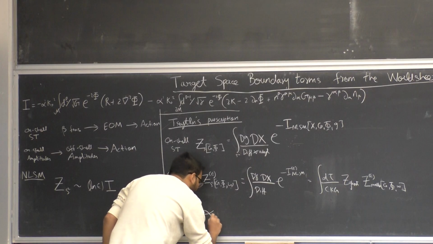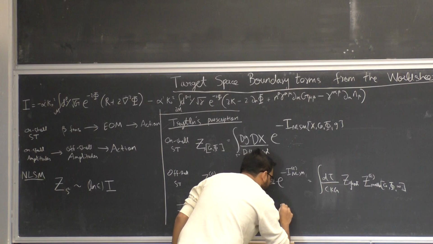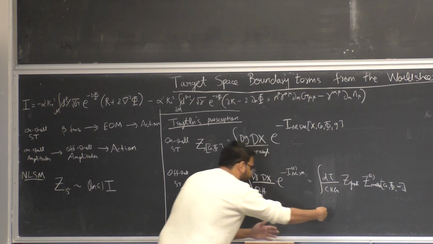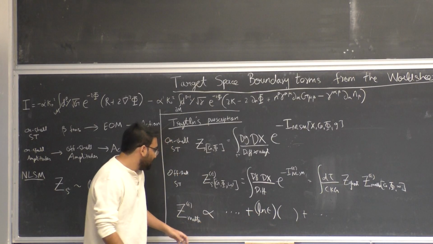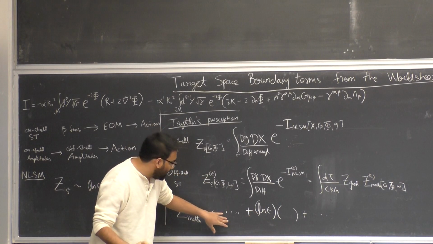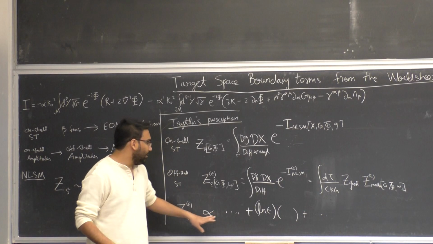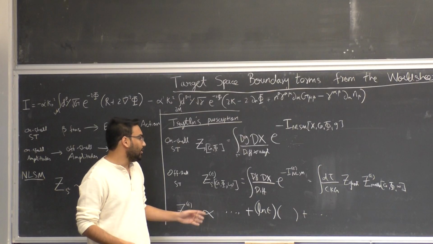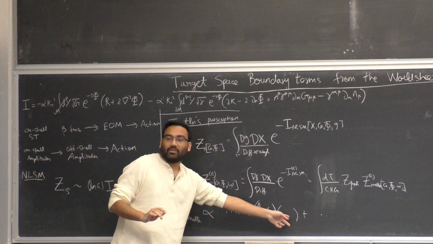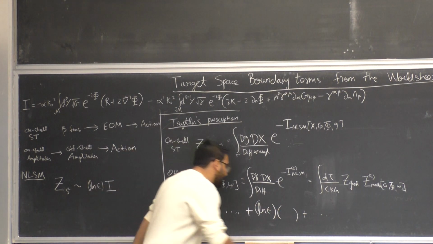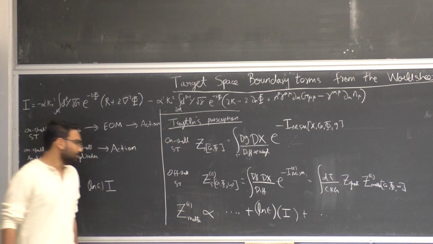So throw away all of the polynomial divergences because they are not universal, and they can be changed to whatever you want under a different RG scheme. But the coefficient of the logarithmic divergence is universal, and that is exactly the action for the target space-time fields, and this is the Sen prescription.